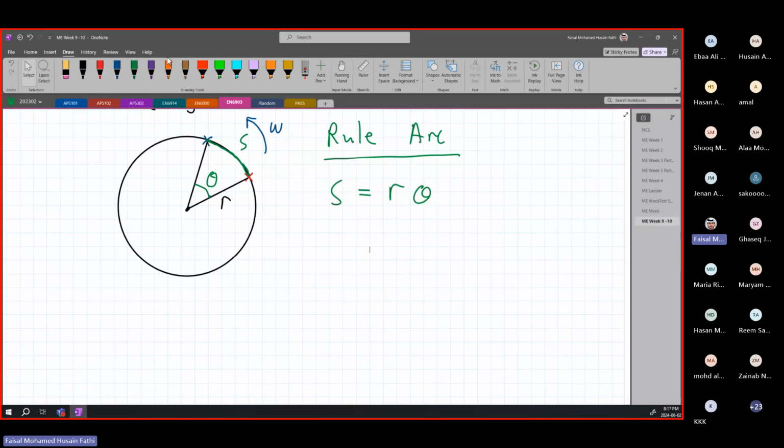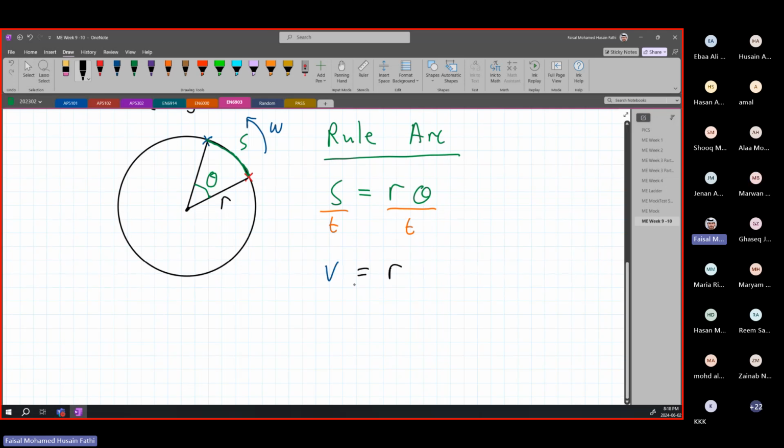The only difference is if we divide both of these by t. So what is displacement over time? Displacement over time, if you remember from linear motion, is simply v, our velocity. Velocity is the change of position over time, or the displacement over time, which is equal to, the r will not change, but theta over t, this is now your omega, or in other words, your angular velocity.